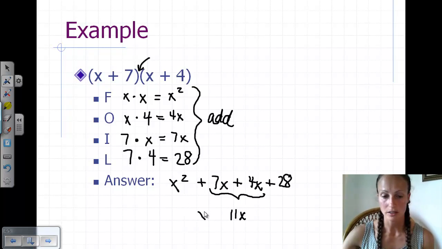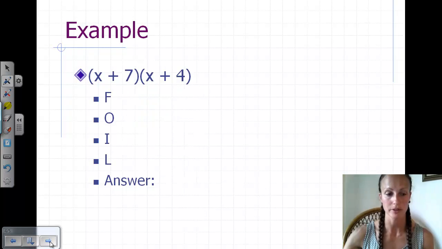Well, the x squared didn't change when we combined like terms. It's still there. And the 28 didn't change. It's still there. So the product of the sum of x and 7 and the sum of x and 4 is x squared plus 11x plus 28. You just multiplied a binomial.